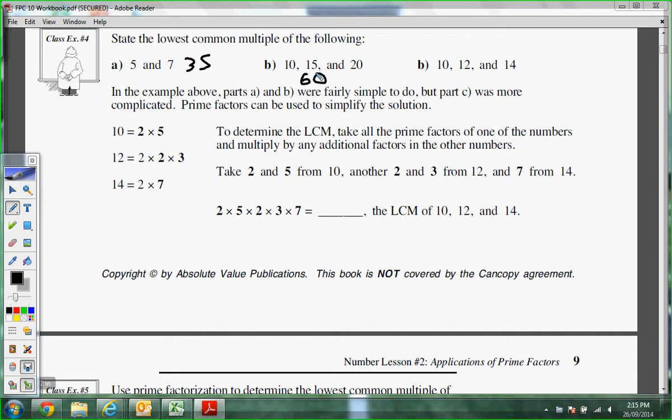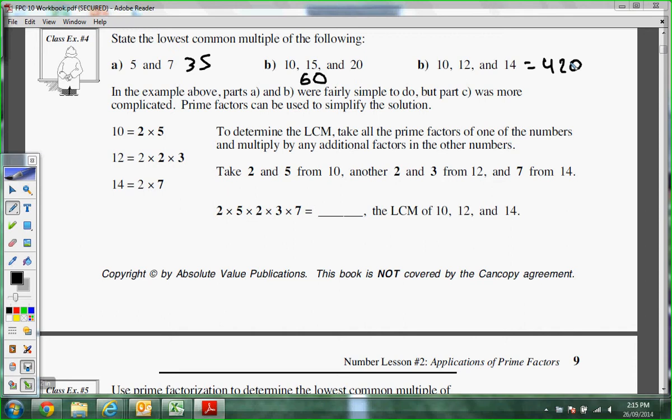I almost don't want to stop you because you've been working so hard. All right. So this one's going to be 420. 420 is the least common multiple of those three numbers.